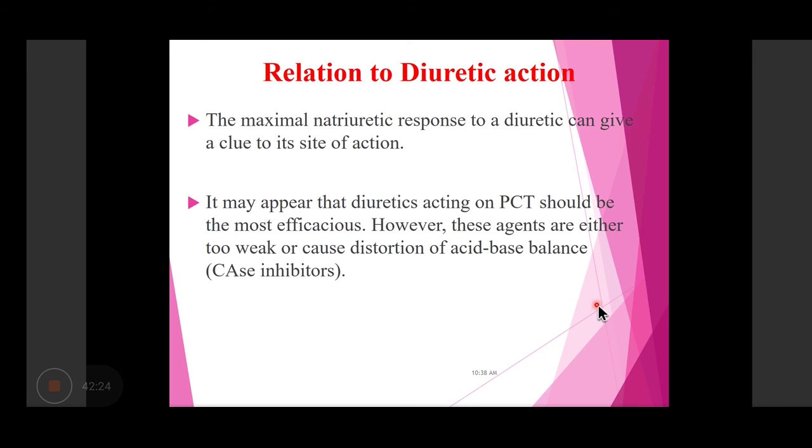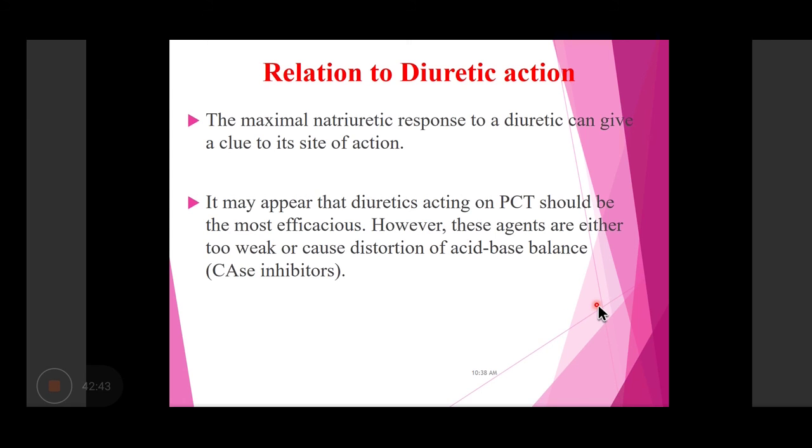But theoretically it should be the PCT, because I told you that PCT has maximum reabsorption. But the thing is that PCT is also dealing with the buffer system of the body, because bicarbonate by and large forms the buffer system of the body.